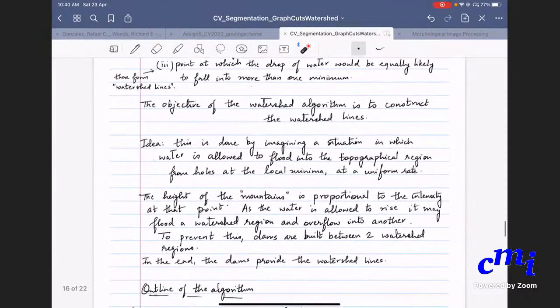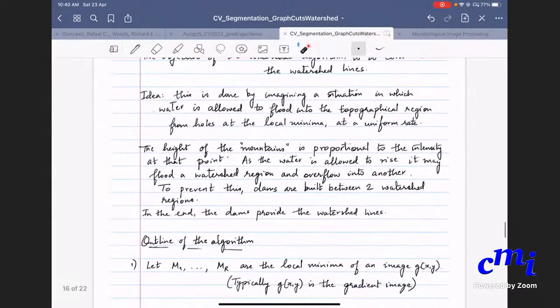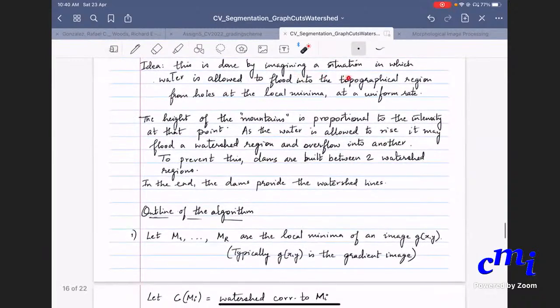Okay, so the objective is to construct these watershed lines or these dams in the end. The idea to do this is by imagining a situation in which water is allowed to flood into the topographical region from holes at the local minima at a uniform rate. So the height of the mountains is proportional to intensities at those points, as I described earlier.